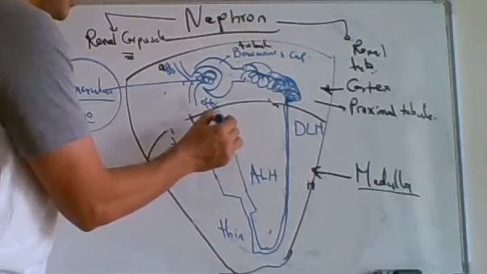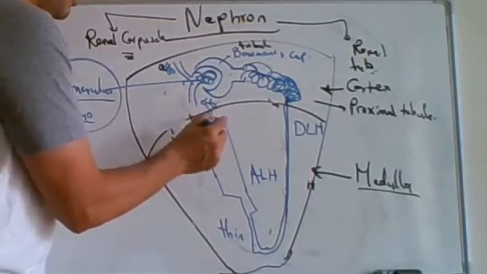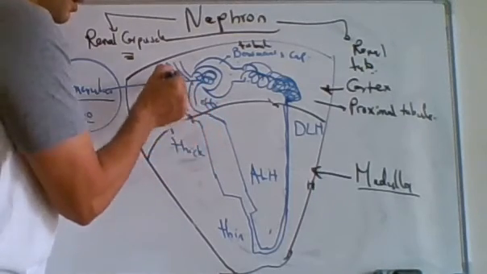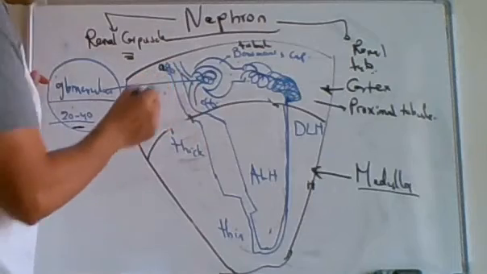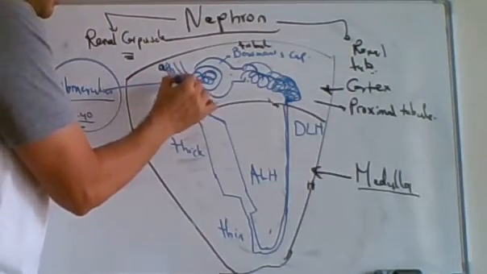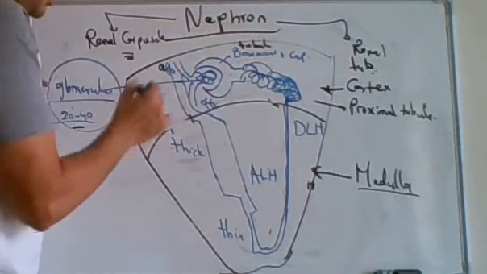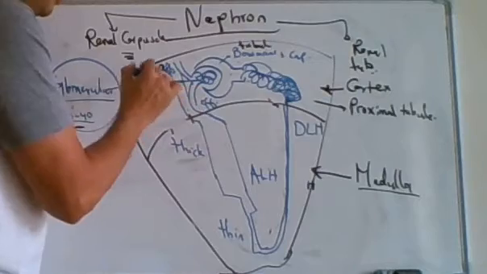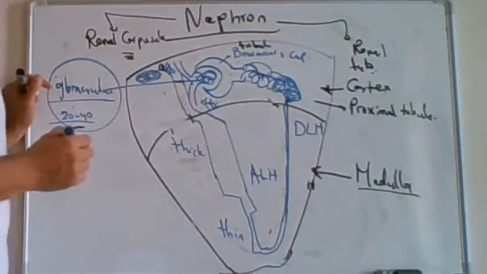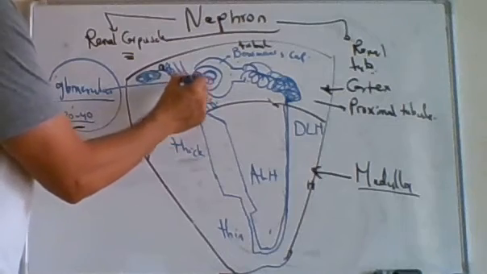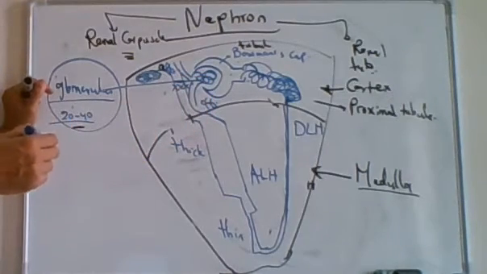The thick ascending limb moves back from the medulla to the cortex, to come just in front of the glomerulus, where it ends and the distal convoluted tubule starts. So the thick ascending limb of the loop of Henle terminates here, opposite to the glomerulus.